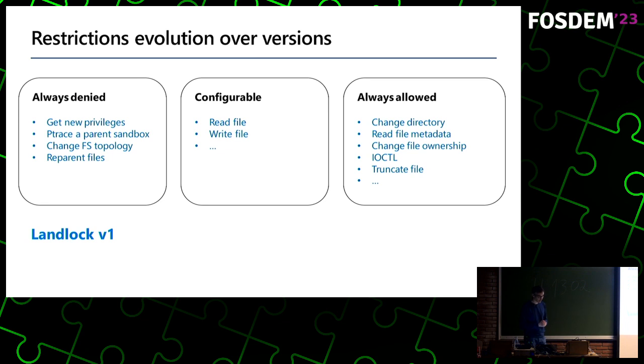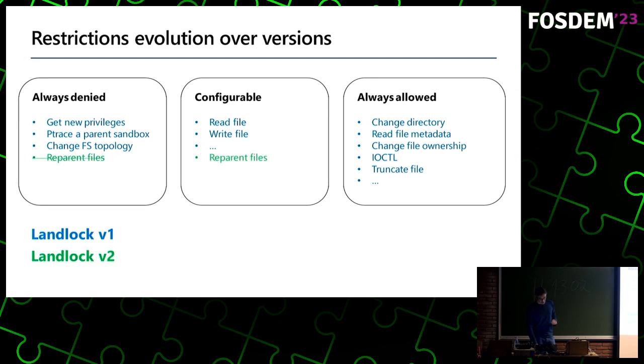That was for complexity in the development, but also for security reasons. For example, you are not able to execute setuid binaries, because it would be a way to bypass the sandbox. There are also some restrictions on ptrace, so you're not allowed to debug a process which is outside the sandbox, because obviously it would be a way to get out of the sandbox. So that's not what we want.